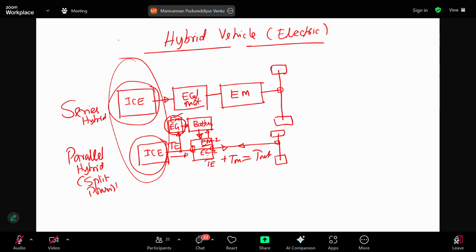So what is pending in hybrid? This one is electric motors. Correct? Electric motor working should be understood.